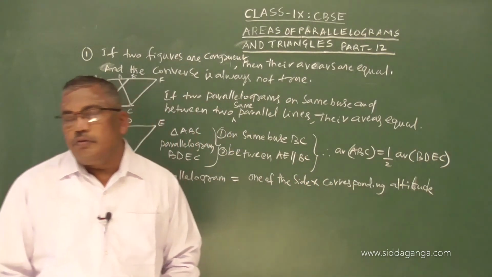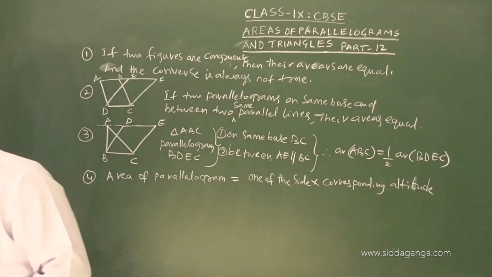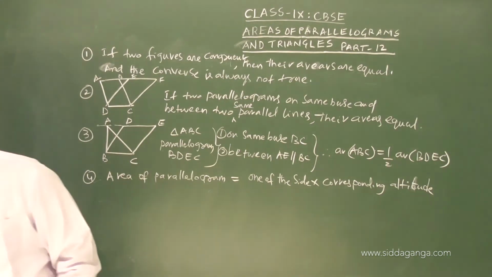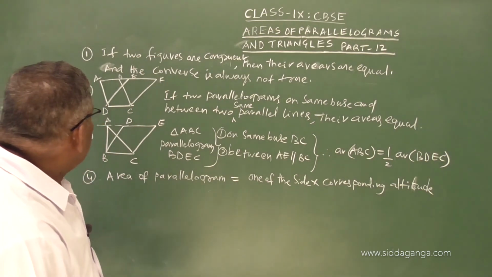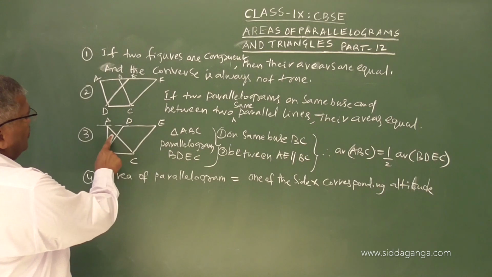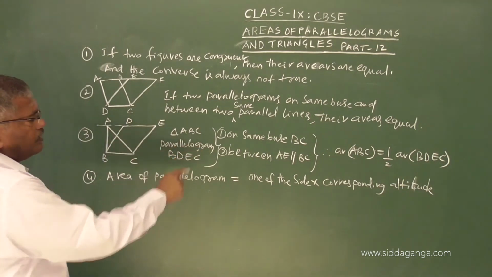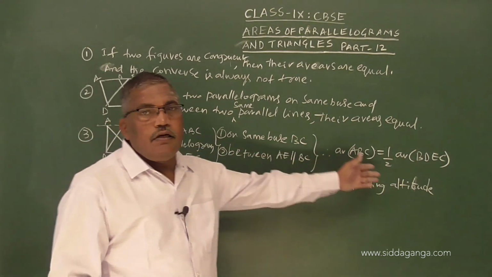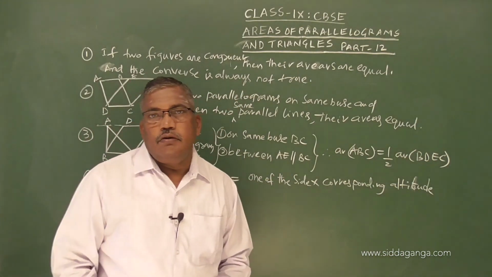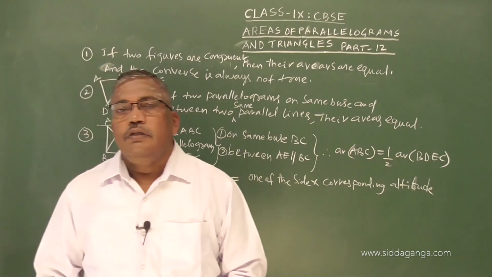So this also we have learned. And in this case, instead of one parallelogram and one triangle, if there are two triangles, then the triangle areas will be equal. So these are the main features you have learnt under this chapter.